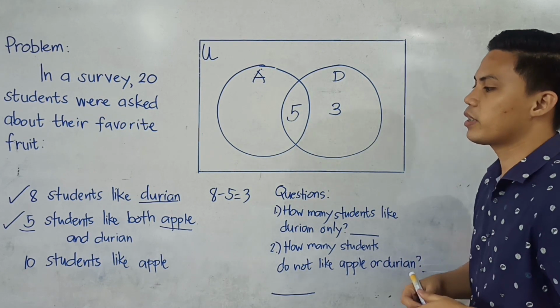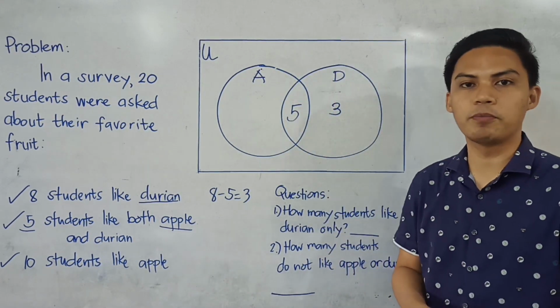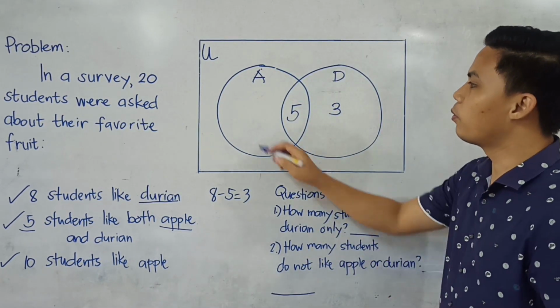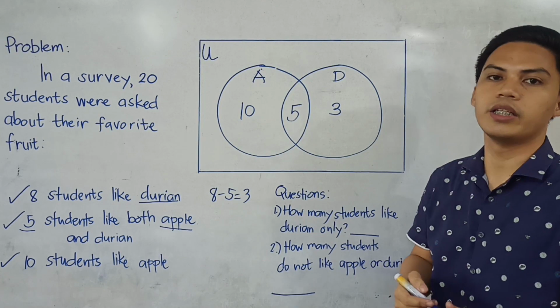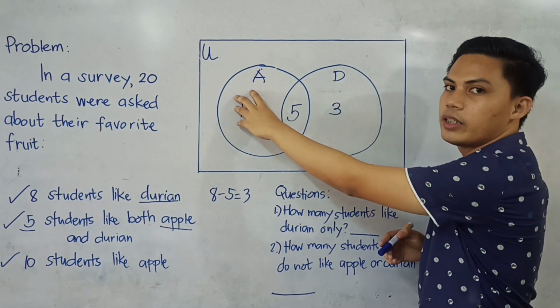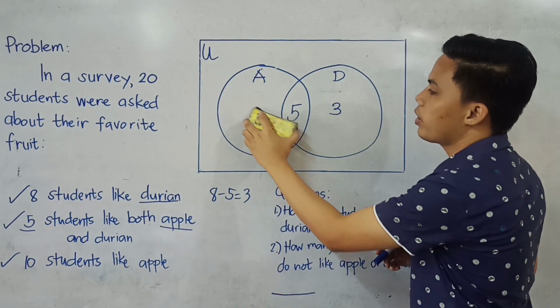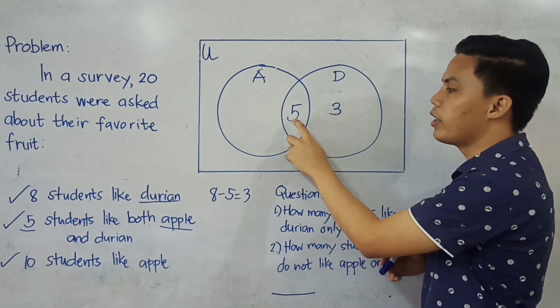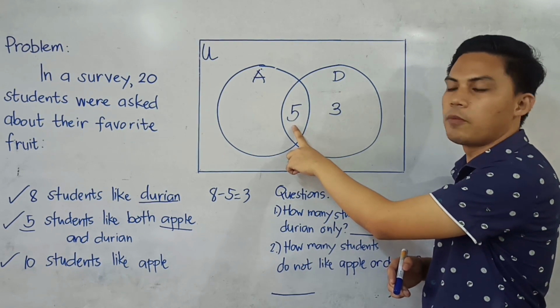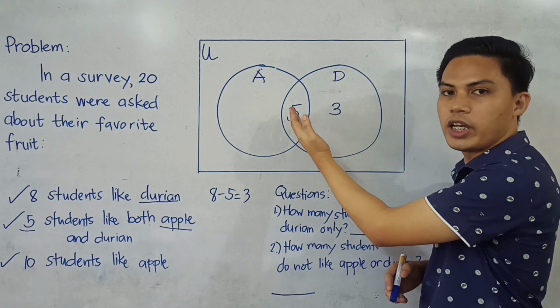Okay. Next, or the last information. 10 students like apple. So again, wag na wag ilalagay agad 10 dito sa region ni set A only. Must take note na yung set A may nakalagay na 5. Baka kasi yung 5, gusto niya yung apple at the same time gusto rin niya yung durian.